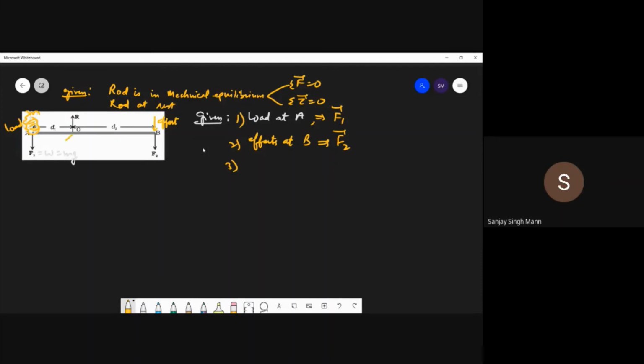So we have this support over here. Okay. So that's our reaction force. So now what we have just written, we have derived the principle of moments of lever.